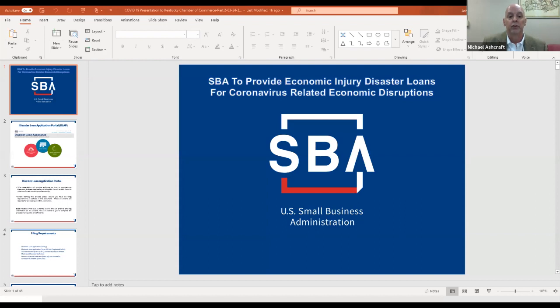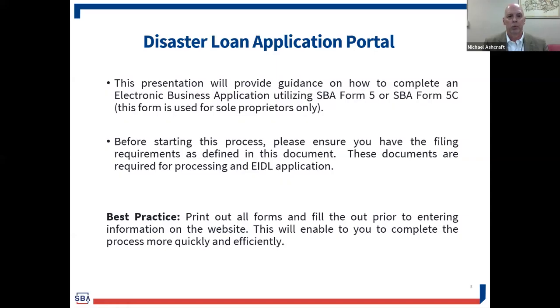And if you can just bear with us as we talk about some of these slides, I think you'll find that this is going to cover a lot of the most common questions. With the disaster loan portal, one of the things that we continually tell folks to do is to take the forms.